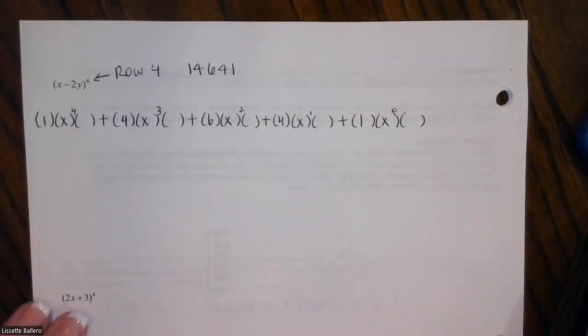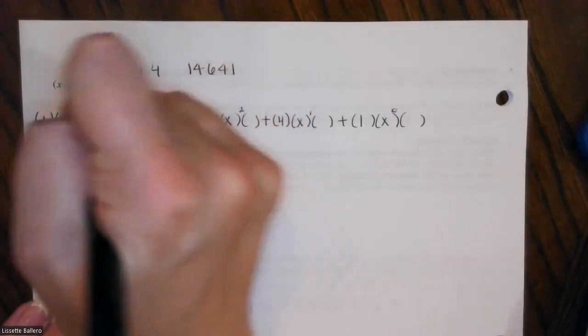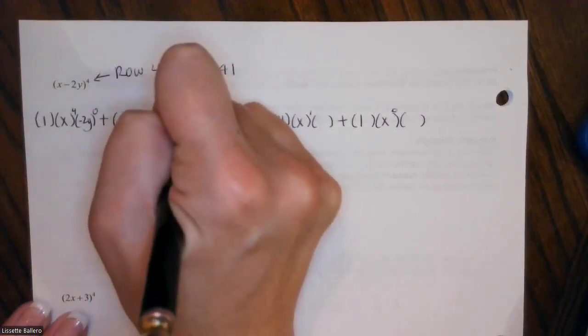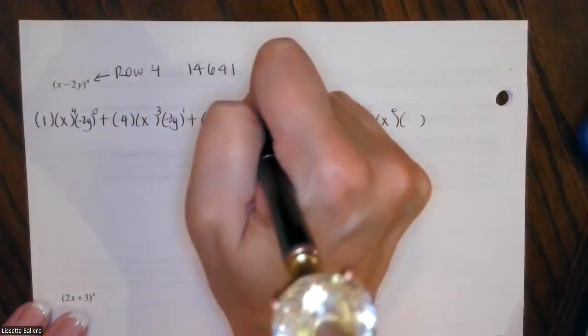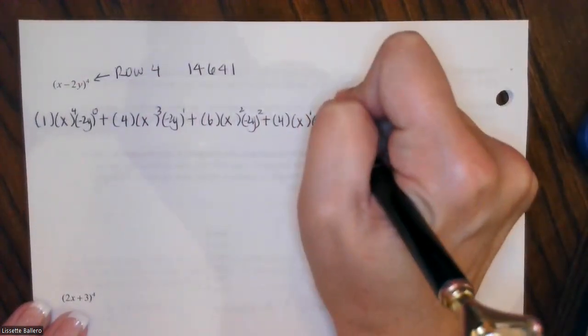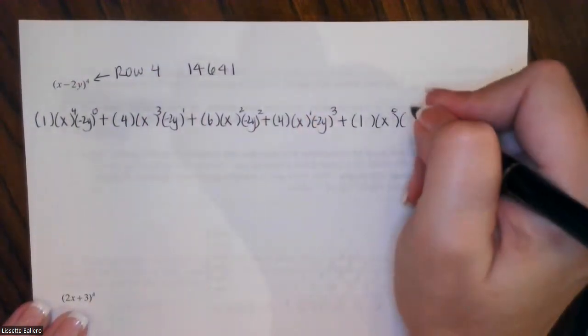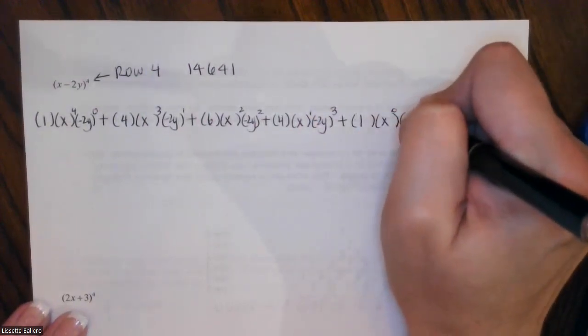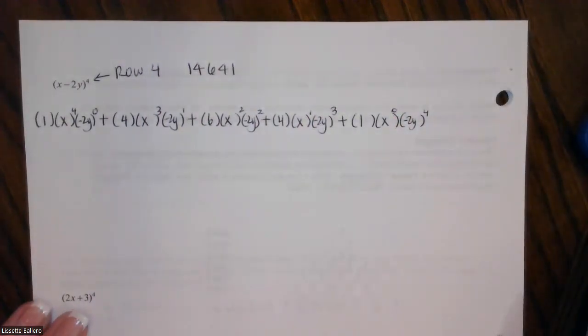In this case, that is a negative 2y. So I'm going to put a negative 2y there to the 0 power, negative 2y to the first power, negative 2y to the second power, negative 2y to the third power, and negative 2y to the fourth power.